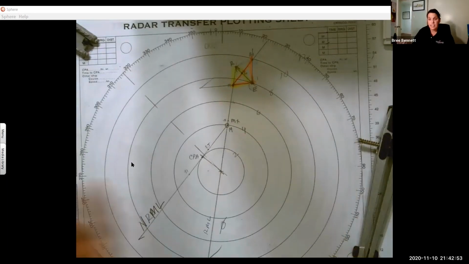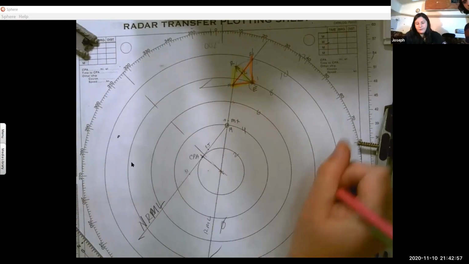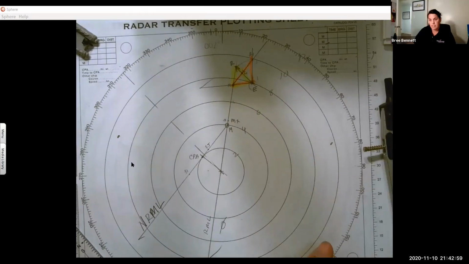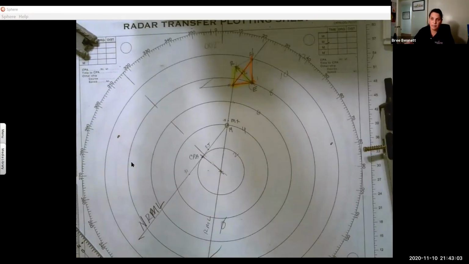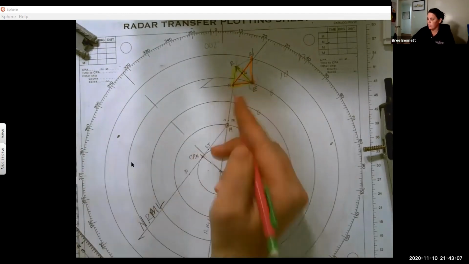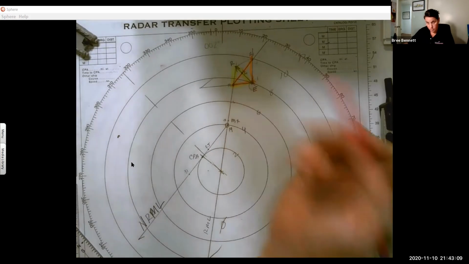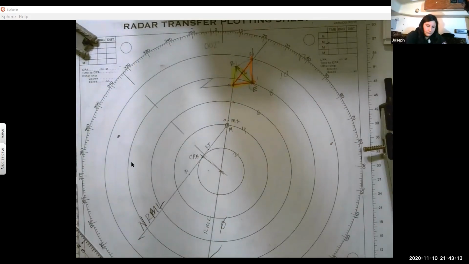And then the next step for this is multiple targets. So we're going to have more targets around us, and we have to establish which one has risk of collision, and then do triangle 1 and 2 for the one with risk of collision. Okay.